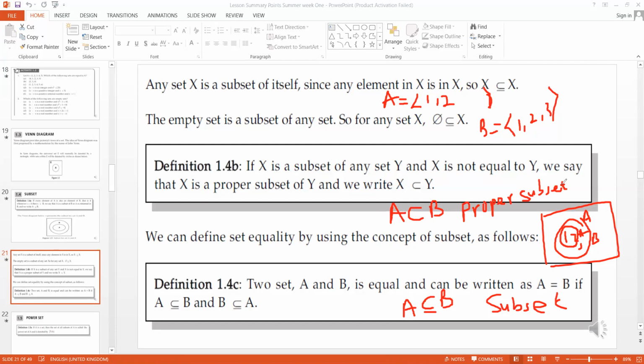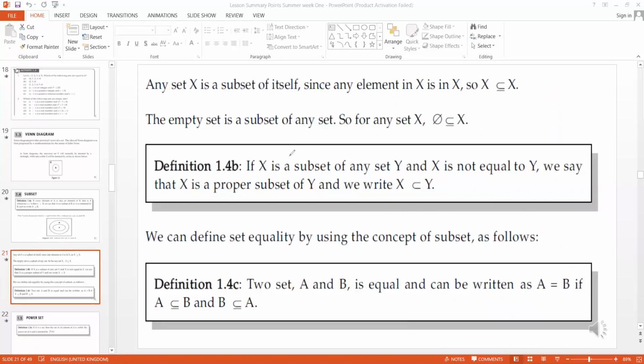Now, moving on, there is something we must know: the empty set is a subset of any set.